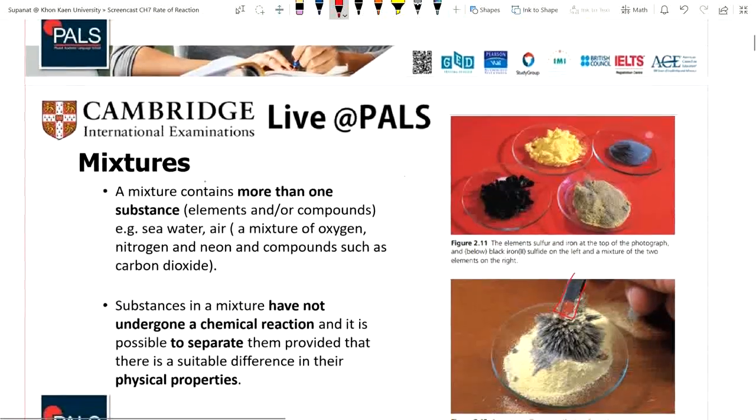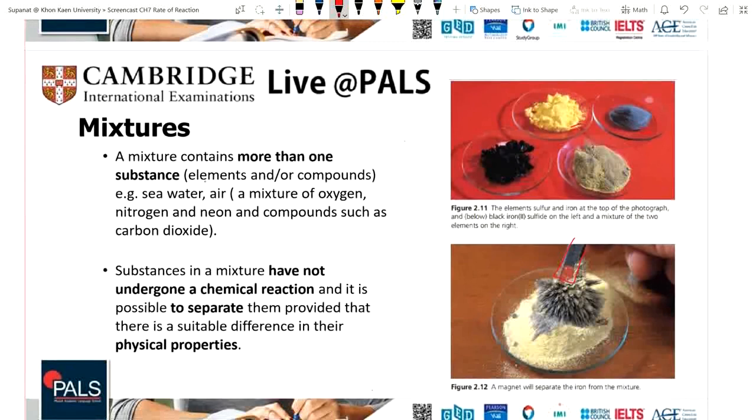The first slide is talking about the mixtures. Okay, the mixture contains more than one substance, either elements and or compounds. For example, seawater, the air, which is a mixture of oxygen gas, nitrogen, and neon, and another compound, for example, carbon dioxide. And the substances in the mixture have not undergone a chemical reaction.